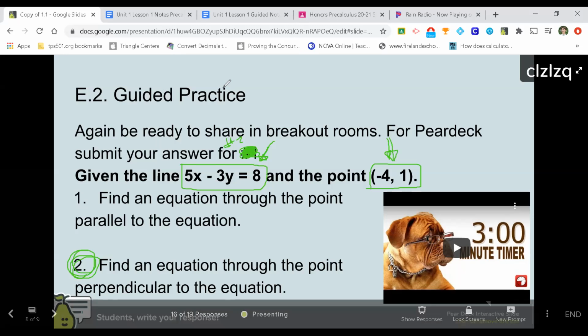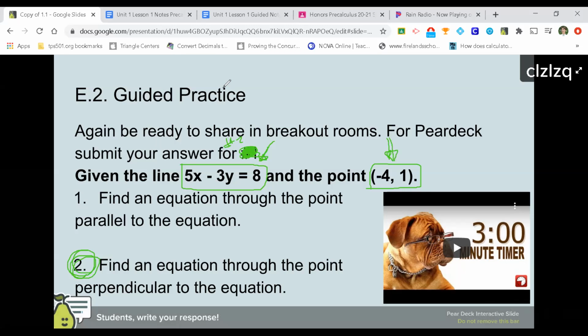Let's just talk about the slope really quick then, to make sure we're all on the same page on why the slope for number 2 should be negative and not positive. If you solve this one for y, you should get negative 3y equals negative 5x plus 8. Divide by negative 3, and you get y equals 5/3 x plus 8/3. So this is your original slope.